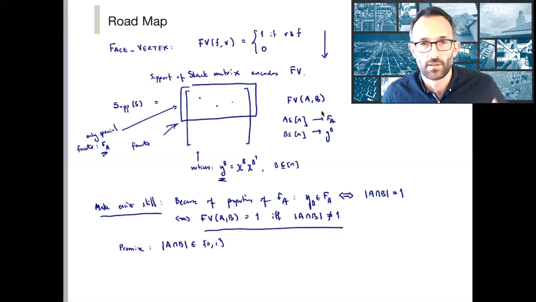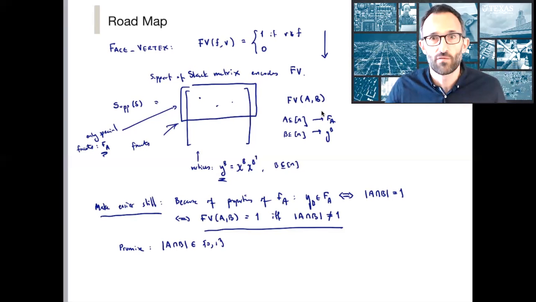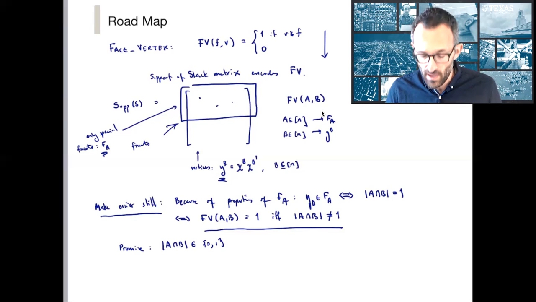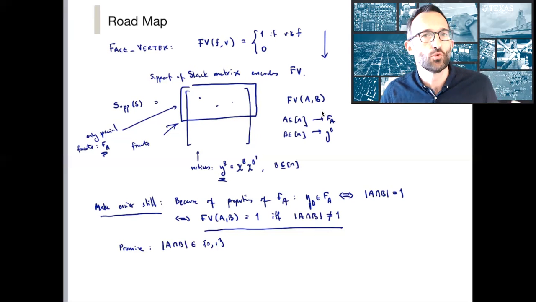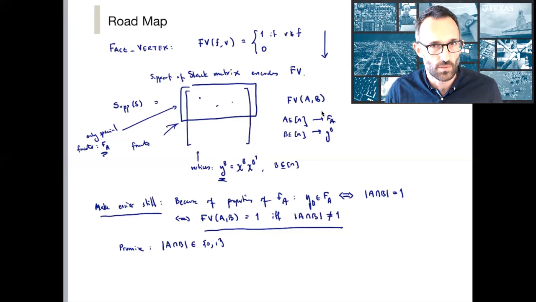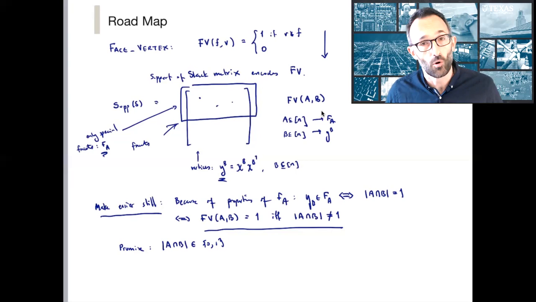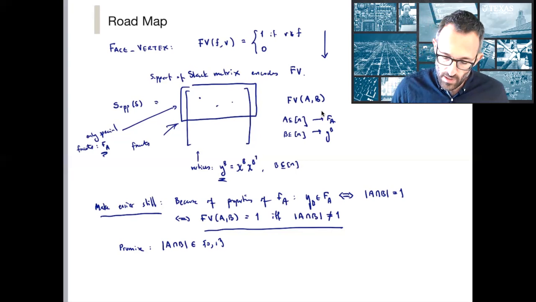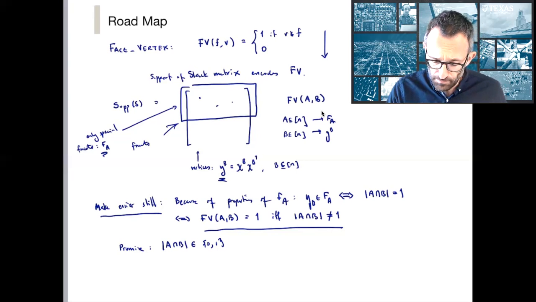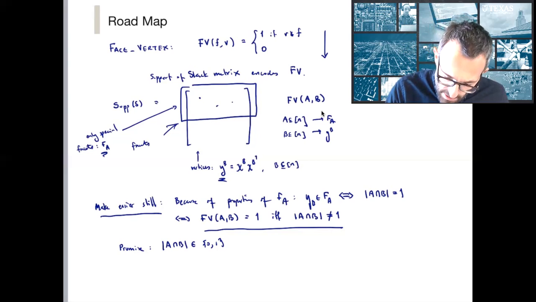Another way to say it, and the way that I phrased it at the end of the last lecture, is that we change our protocol and we declare victory that Alice and Bob win whenever A and B have intersection 2 or more. So they only need to resolve whether A and B have intersection 0 or 1. So in other words, we're basically, the slack matrix has 1s and 0s.